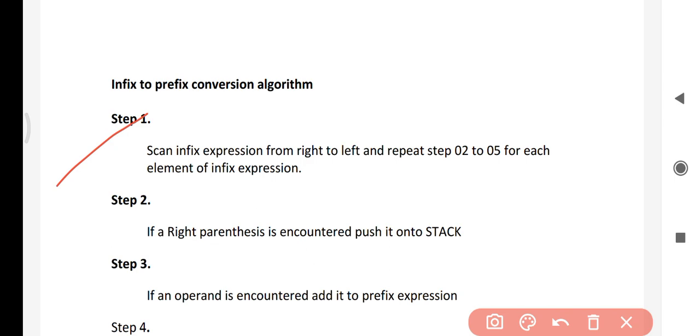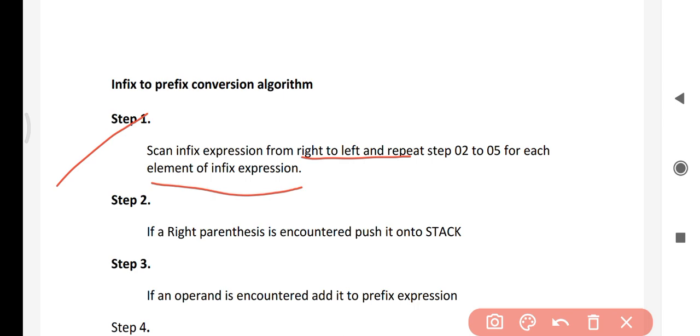Earlier I am comparing this algorithm with postfix because it will be easy to understand and remember. In the conversion of infix to postfix, we read the infix expression from left to right, but here we are going to read the expression from right to left, and repeat steps 2 to 5 for each element of the infix.